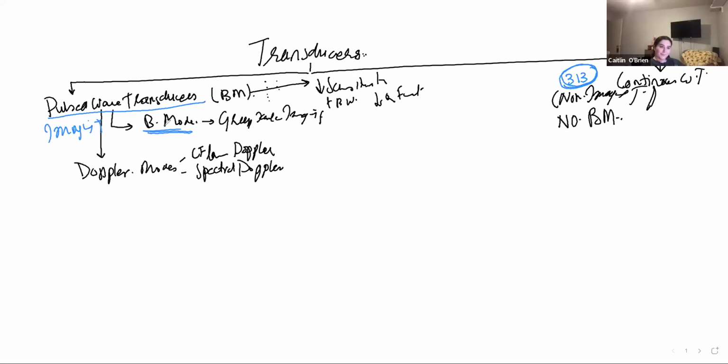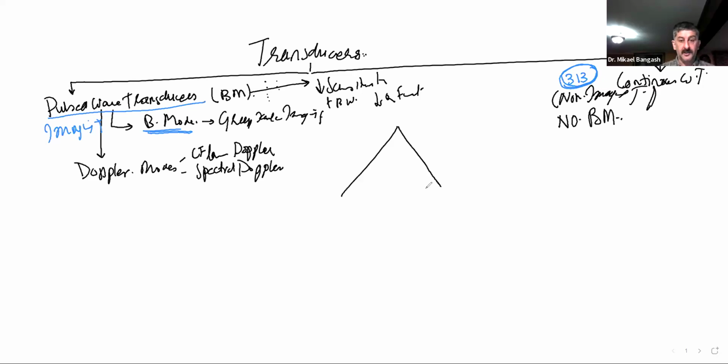Because what was it that we got from a B mode? A gray-shaded image, with different shades of different intensities, because some are going to be bright, some are going to be dark, and so on. We have already talked in detail about that.